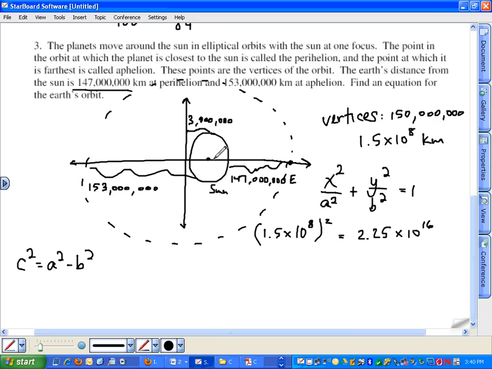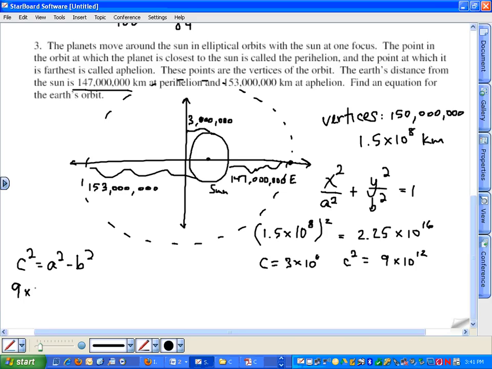Its distance from the center of this ellipse is 3 million. That's 3 times 10 to the 6. That's the value of c. So c equals 3 times 10 to the 6. When we square that, c squared is going to equal 9 times 10 to the 12th.